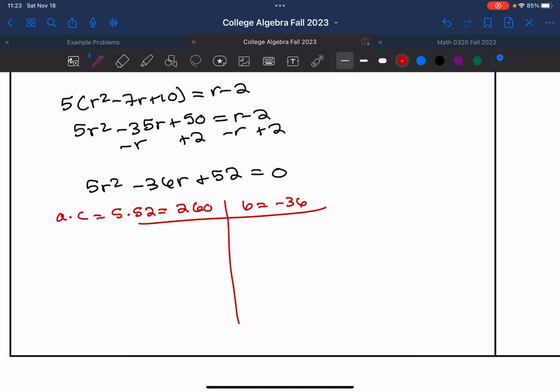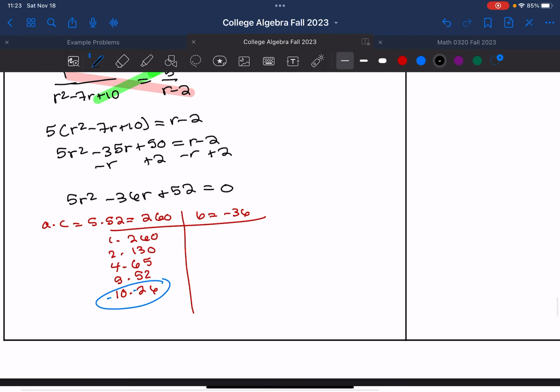So I can't think of this off the top of my head, so I'm just going to write out some factors. I have 1 times 260, 2 times 130, 4 times 65, 5 times 52, and 10 times 26. So it looks like that 10 times 26 will work if I make them both negative. So I'm going to have a negative 10 and a negative 26.